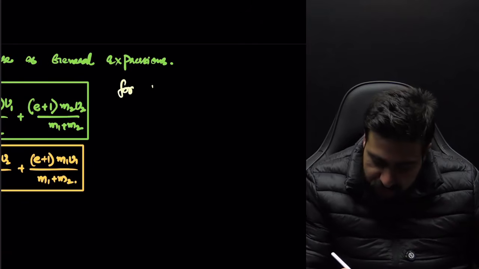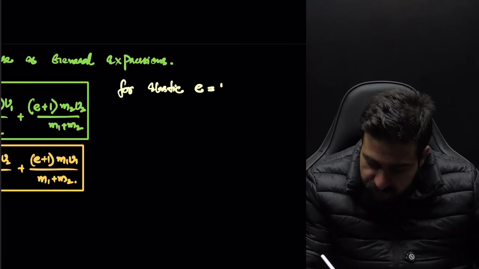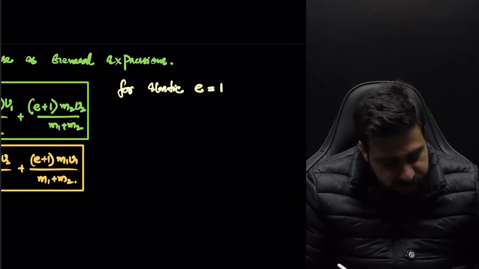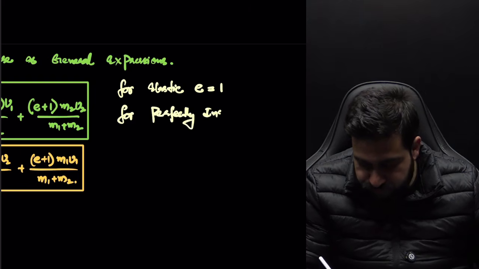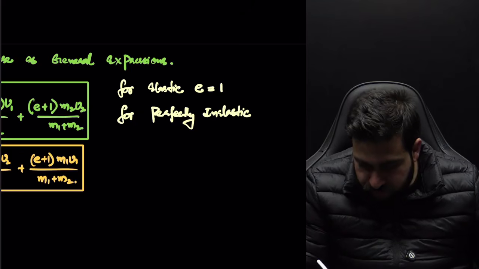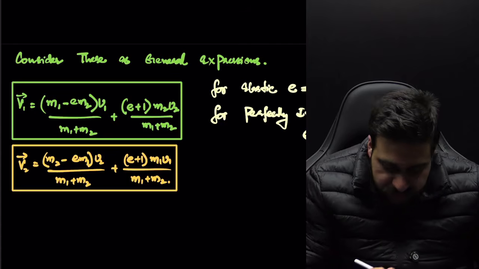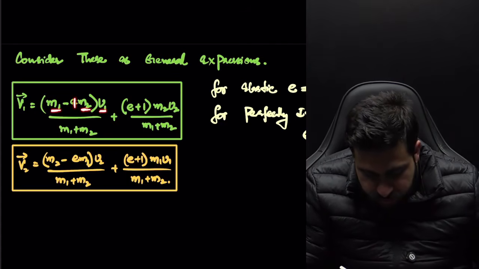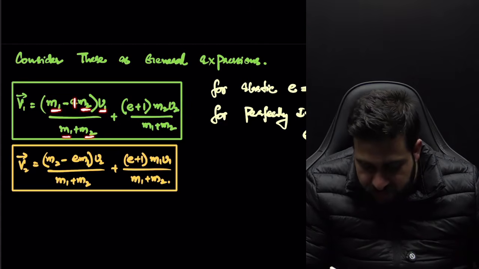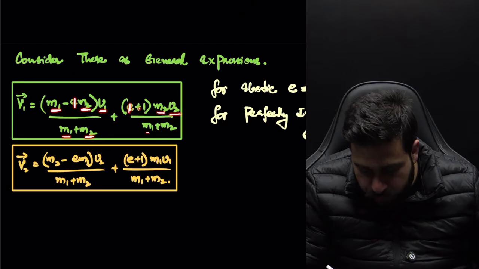For elastic, the value of E is 1, and for perfectly inelastic, the value of E is 0. Put E equal to 1 over here. You'll get (M1 minus M2) into U1 upon (M1 plus M2), then E is 1, so 1 plus 1 is 2 times M2 U2 upon (M1 plus M2).